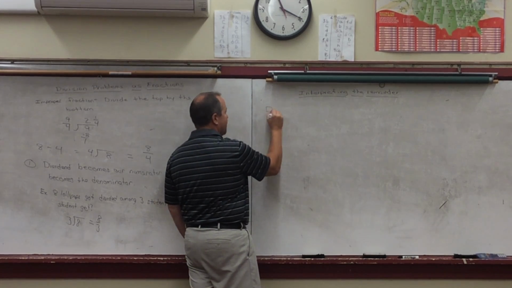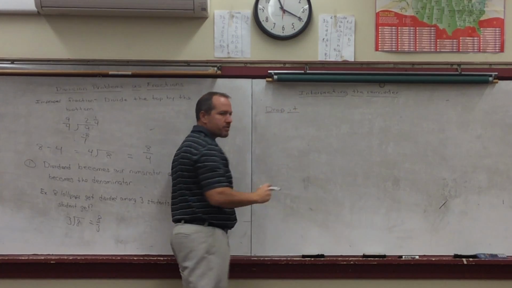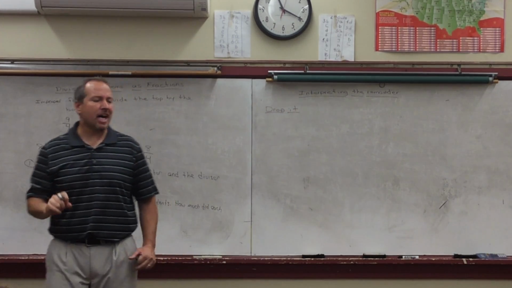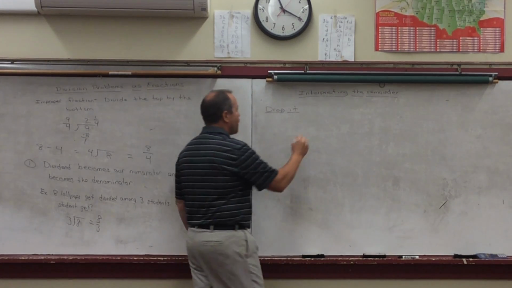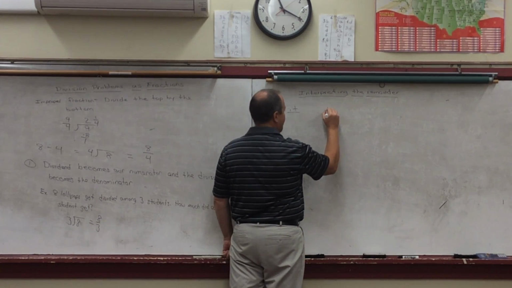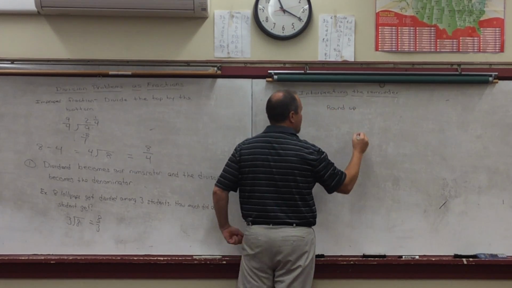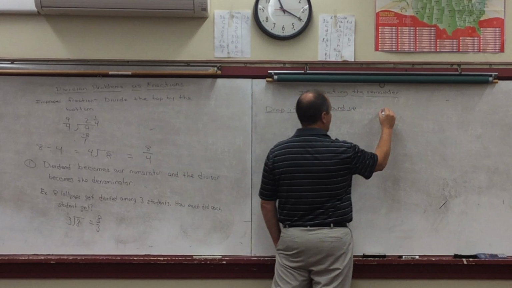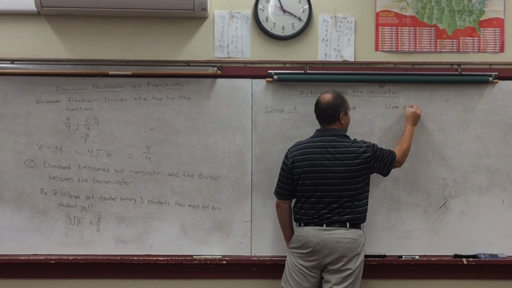We're going to drop it, and we're going to make columns here. So put this on the left side of your page. We're going to round up, or we're going to use it as a fraction.